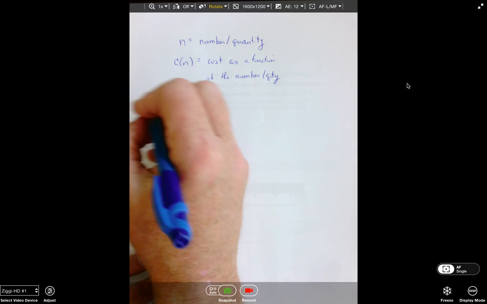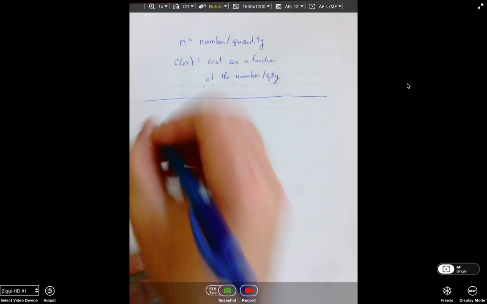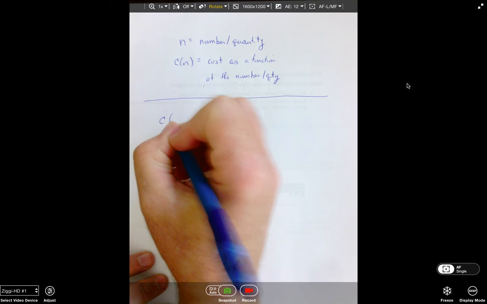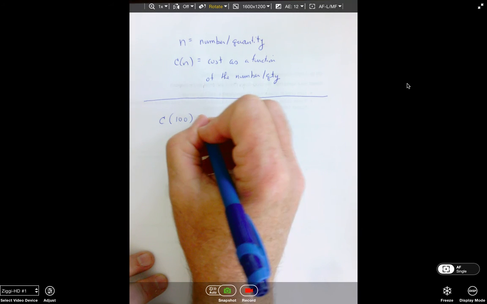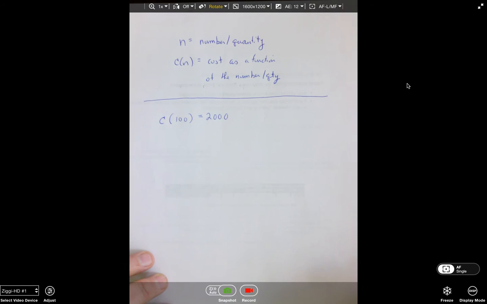Okay? So what we know is that C of 100 is equal to 2,000, because it says the cost of producing 100 widgets is 2,000.